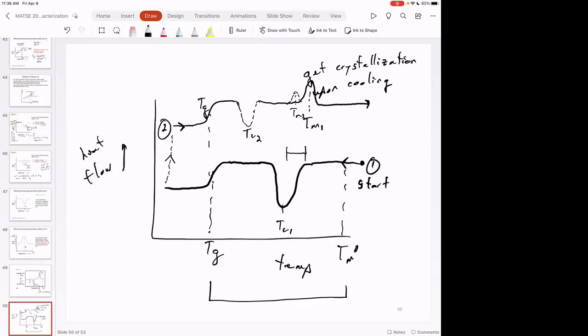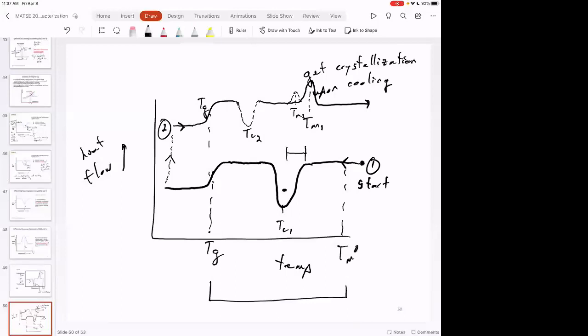So if you have incomplete crystallization here, say you quench it a little bit more and you go below TG, it can't crystallize anymore, or those crystals are really slow to form and you didn't give it enough time. When you start to heat it up, you can get crystallization because of that. That's complicated because now you've got two different populations of crystals and they have their own thermal transitions. It gets tricky. You'll study the X-ray scattering of that, other things like that in your 400 level classes.